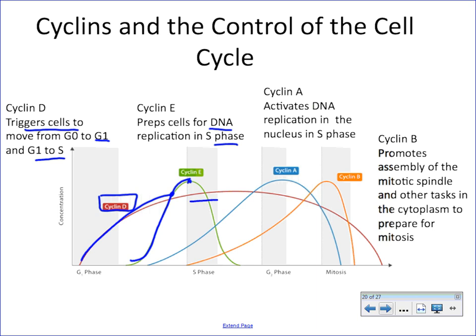As the cell progresses through the S phase, you have another cyclin building up in concentration, cyclin A. And cyclin A will activate DNA replication in the nucleus in S phase, and help push that cell into the G2 phase.